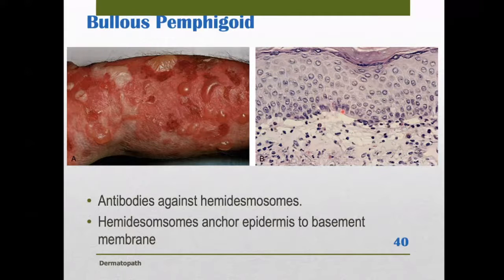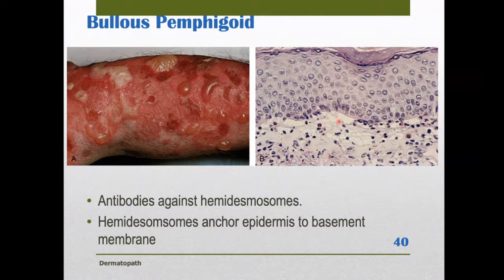And here we have a true histological microphotograph. Here we see a cleft, which is between the epidermis and the dermis. If you want to know whether the basement membrane is below or above the cleft, you will do a special stain such as periodic acid Schiff to ensure the location of the basement membrane.